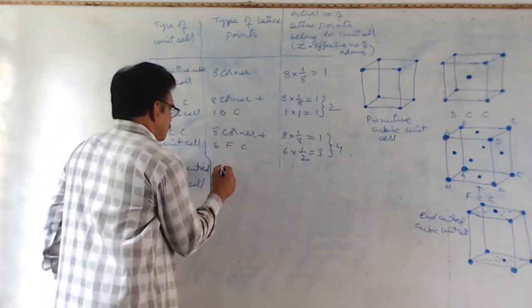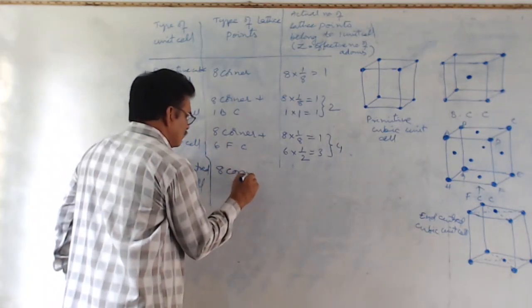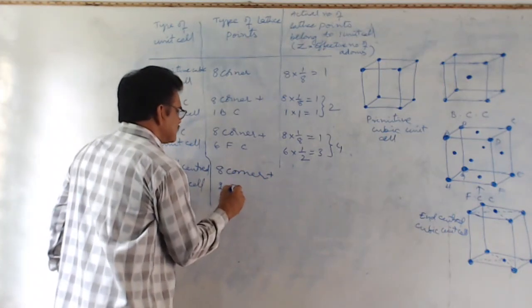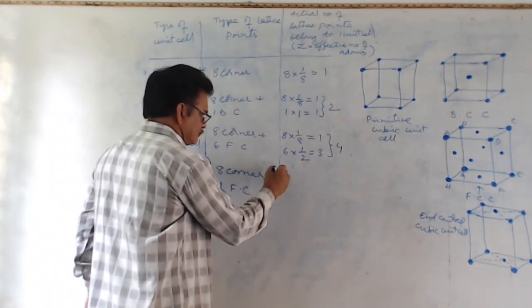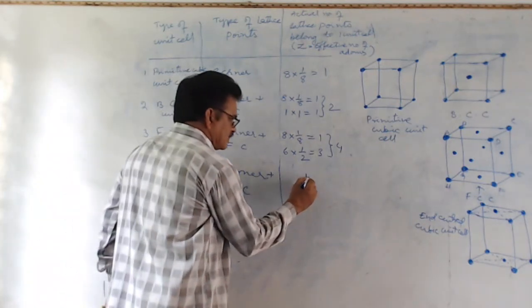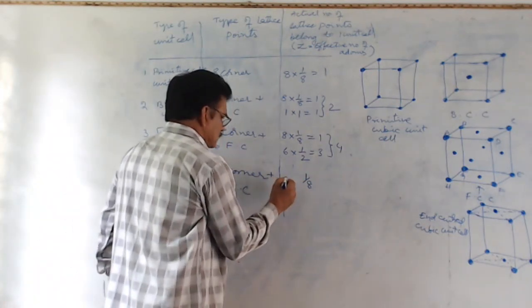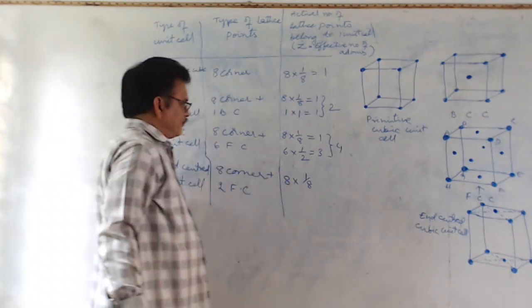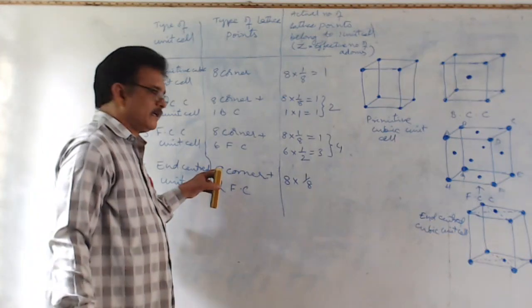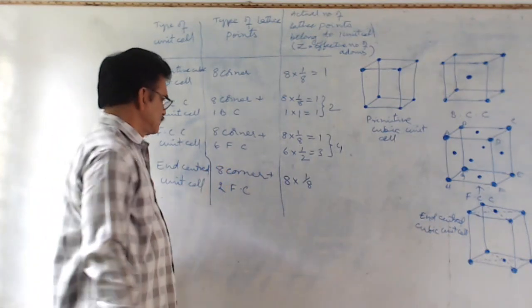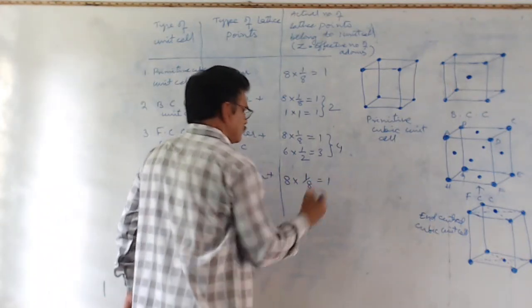So 8 corner points and 2 face centered points. The corner point contribution is 1 by 8, and there are 8 corner points, so the net corner contribution is 1.